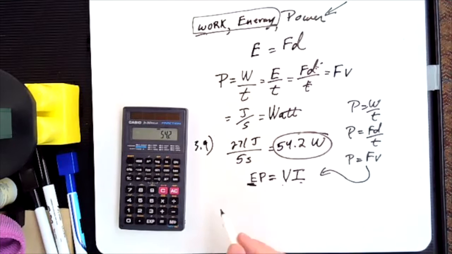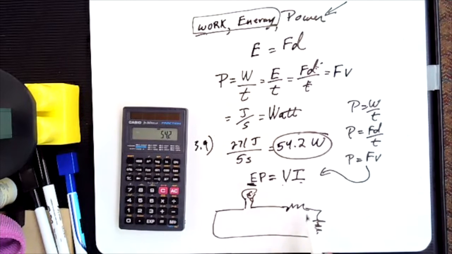So if I have an electrical circuit and I've got a light bulb in here, and there's a resistor and a battery and all kinds of things, you have the ability to figure out the current in a system, I hope. Now, remember V equals IR, right? So you can figure out the current in a system.